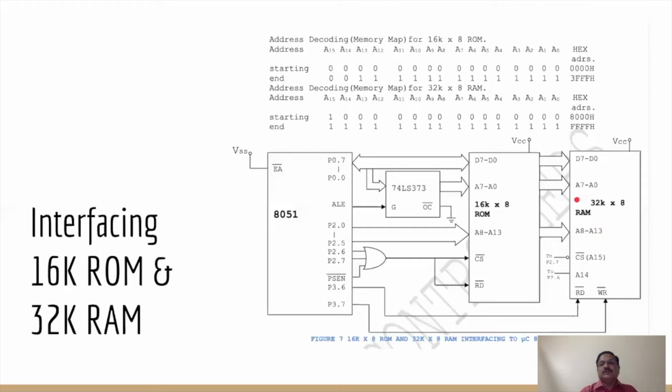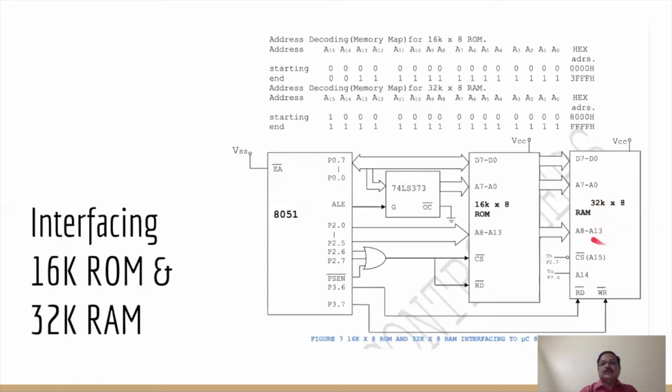A0 to A7 from port 0, A8 to A13, and here A14 is shown, right? Now A15 is used for chip select, that is coming from the P2.7 pin, right? So that is how the chip will be selected when P2.7 is low. For the rest of the cases, the RAM will not be selected, right?